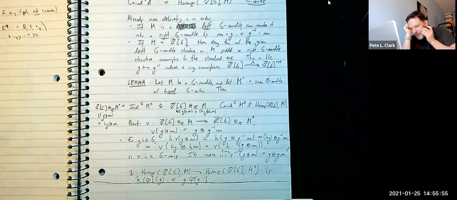What about the other one? So then I'm going to define a map here by, let's see, if I have a map from ZG into M, which I can think of as being a map from G into M, I define it at G to be phi G of phi inverse.